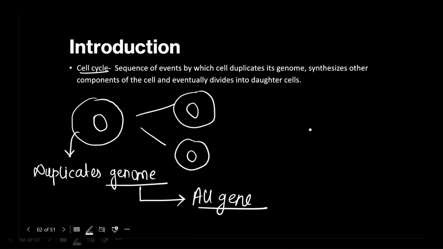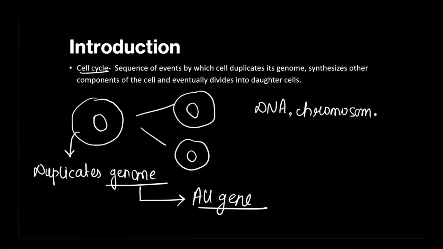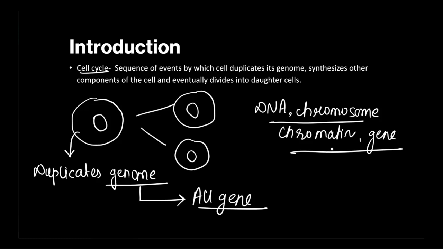Now, before moving further, I would like to tell you the difference between DNA, chromosome, chromatin, and gene. These are some of the common words which are regularly used. So let us first learn this. Let us start with DNA. What is DNA?